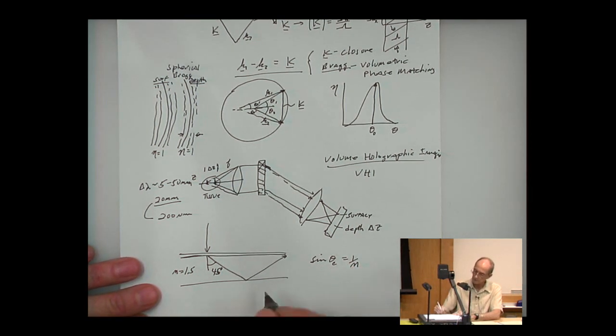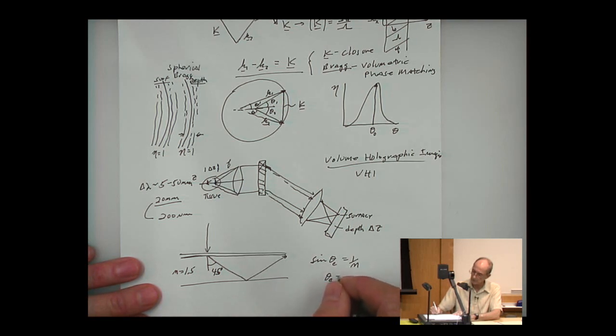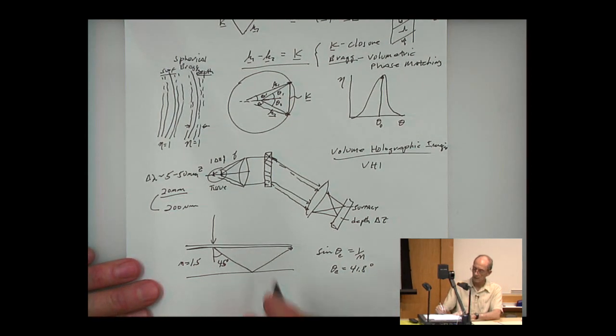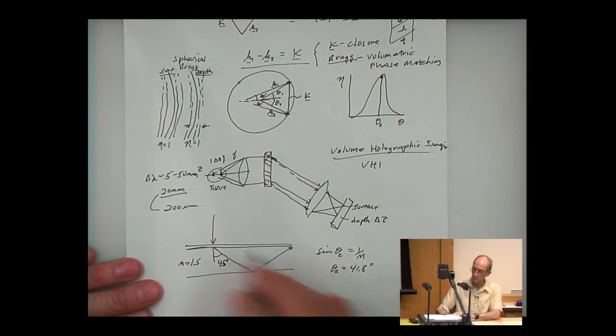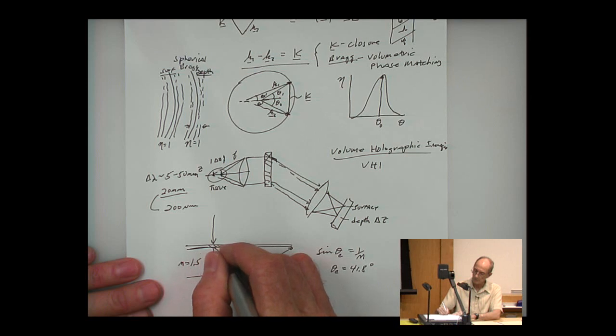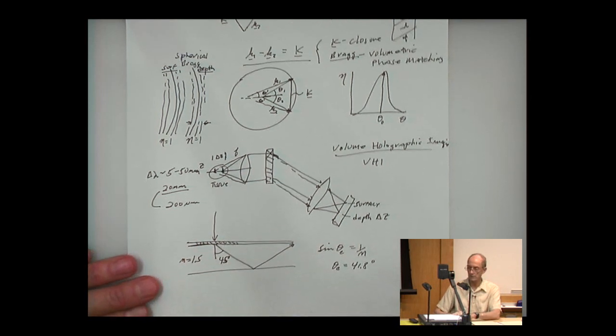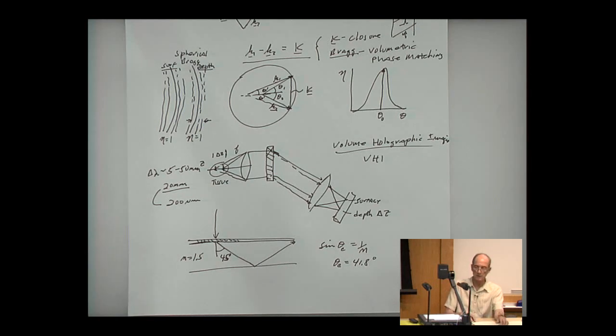And so the critical angle in glass with 1.5 is about 41.8 degrees, something like that. So what we can do now is create or form a waveguide input coupler. These are very important for lots of integrated optic devices, communication type devices, and so forth.